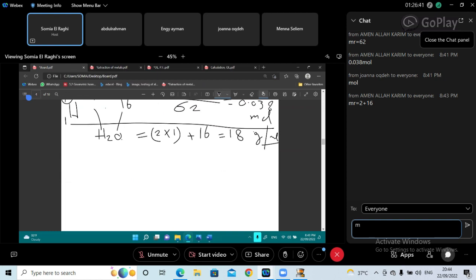If I have this material, calcium hydroxide, calcium is 40 from the periodic table, oxygen 16, hydrogen 1. If you have a 2 at the bottom of the bracket, you have to multiply everything in the brackets by 2.